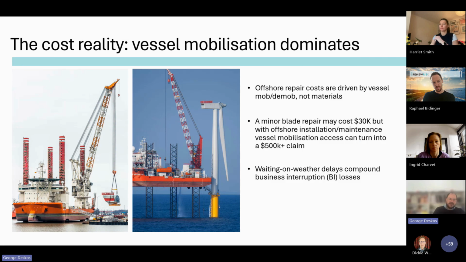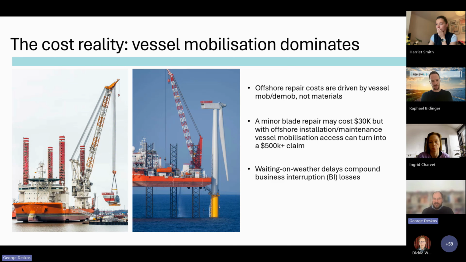But there's one more thing that makes offshore wind quite different from everything else we have in terms of modeling, and this is the cost reality. I want to draw attention to the fact that in offshore wind, vessel mobilization is what dominates. Offshore repair costs very often are driven by vessel mob-demob, not the materials, not the supply cost.